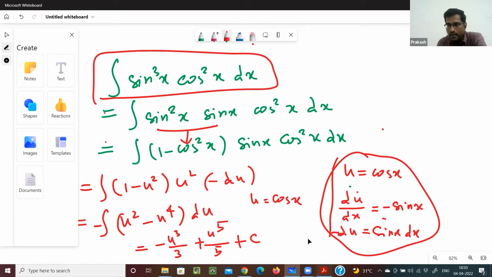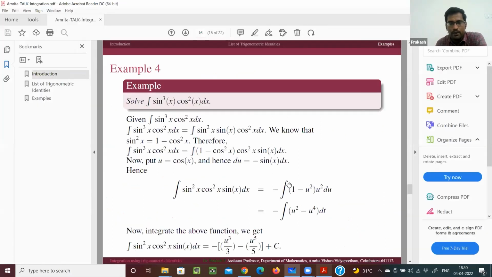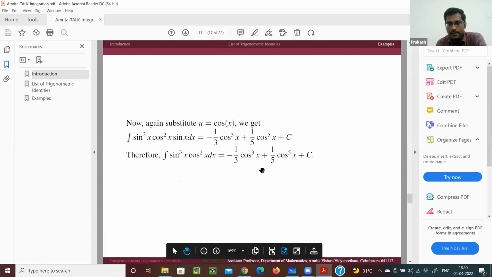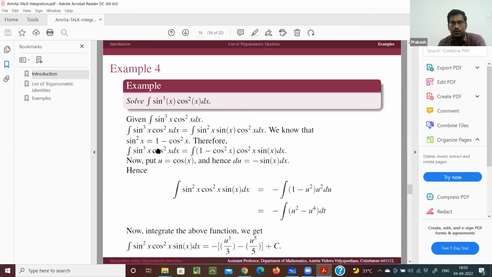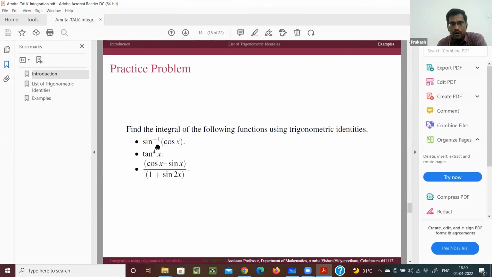Additionally, I have mentioned some others, because here we already know minus cos square x, that same thing. This may be a practice problem, maybe you note this one: the integral of sine inverse cos x and the integral of tan power 4x. But here you need to use the correct identity. Then easily you will get the answer within 2 or 3 steps.